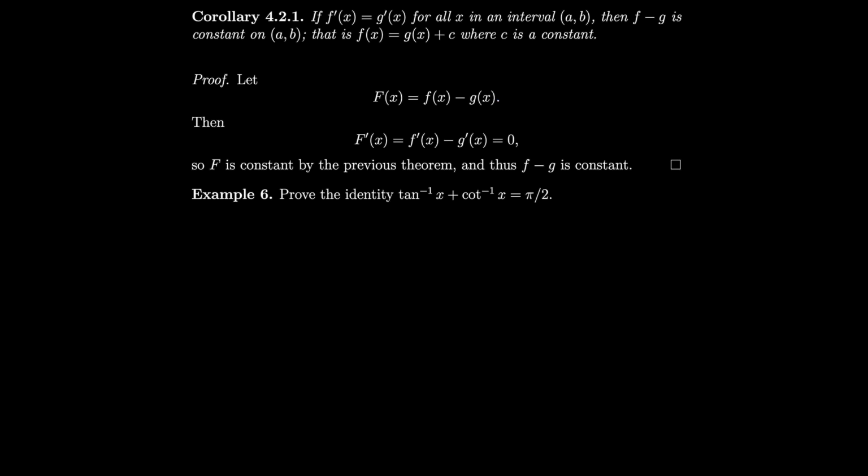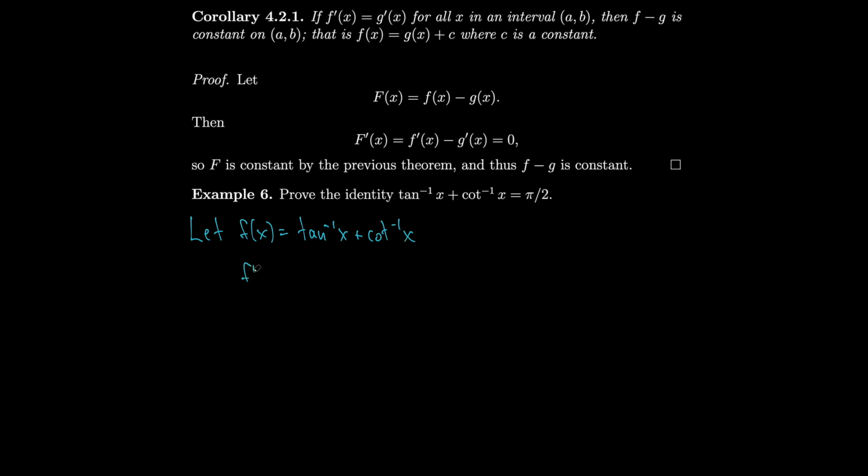Okay, let's prove the identity tan inverse x plus cotangent inverse x equals pi over 2. You could prove this directly using some manipulation, and it's just a standard trig proof. However, there is a cool calculus proof. Let's do that. Let's let f of x be equal to this function, tan inverse plus cotan inverse.